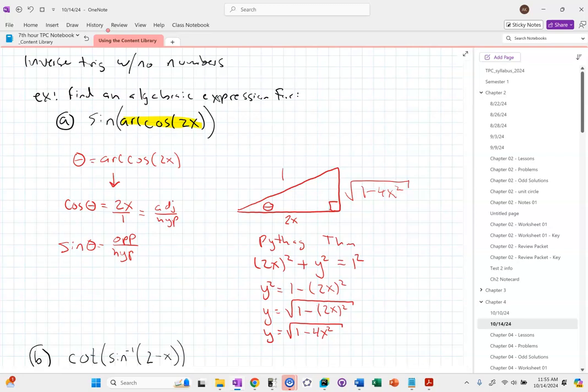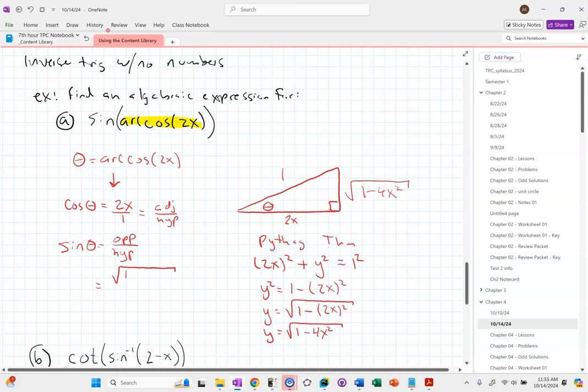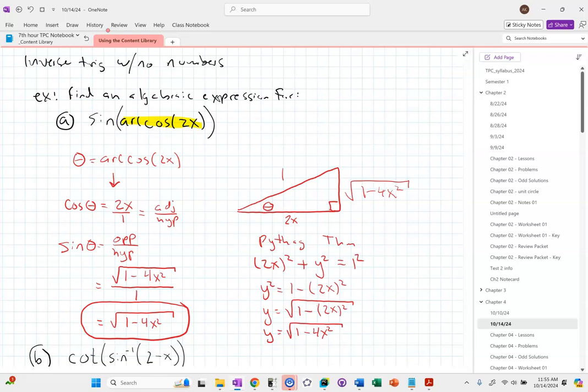So using the right triangle that I've built, what is the opposite side? Well, it's square root 1 minus 4x squared. And what is the hypotenuse? 1. Sure. Or if I just simplify that, we have square root 1 minus 4x squared.